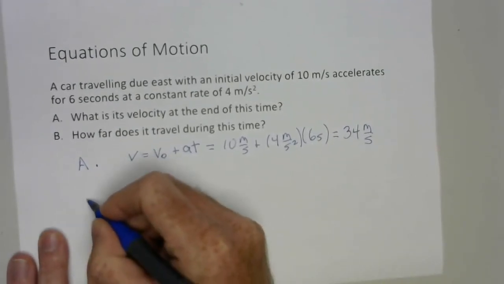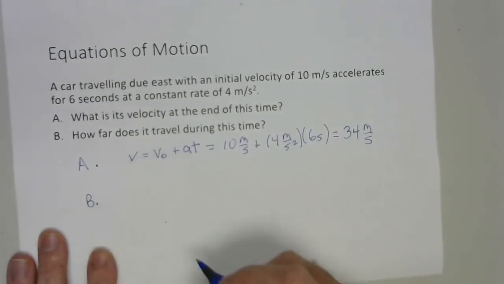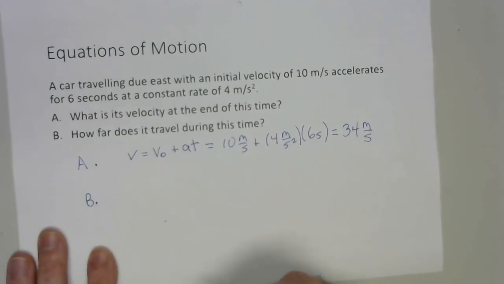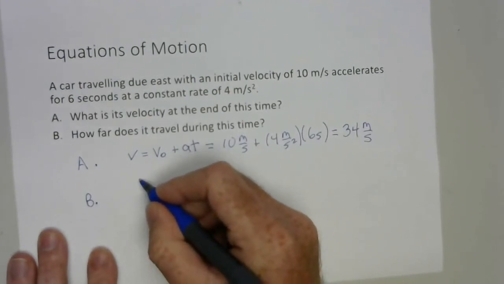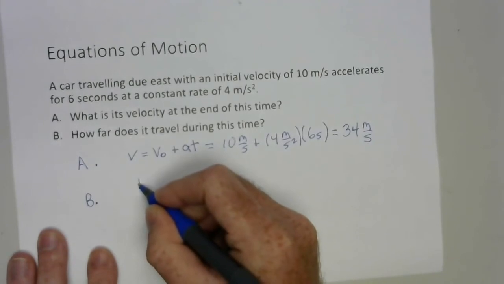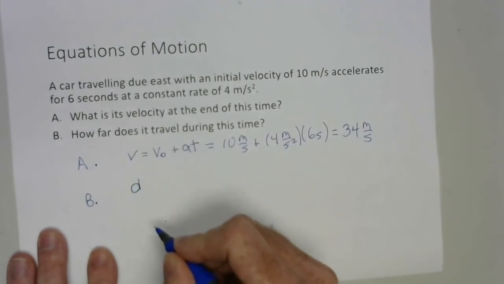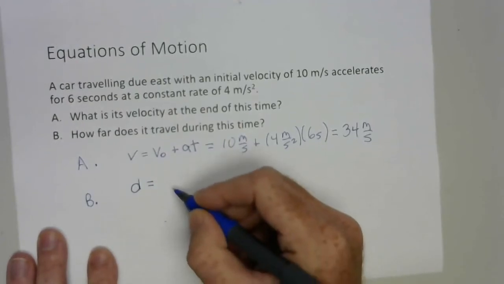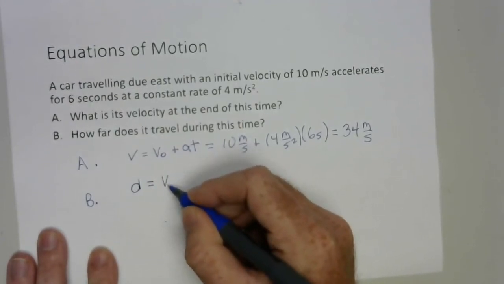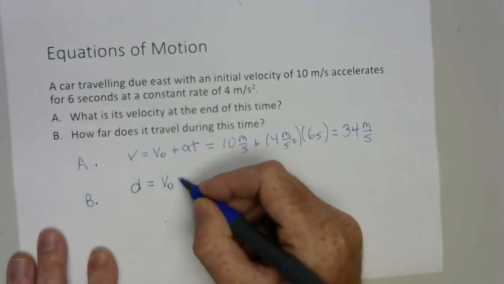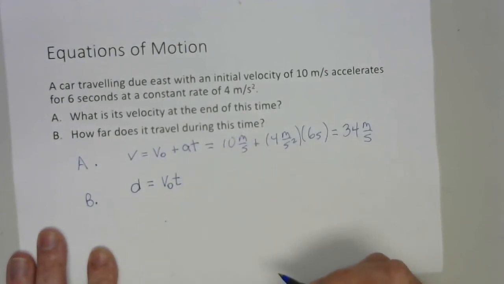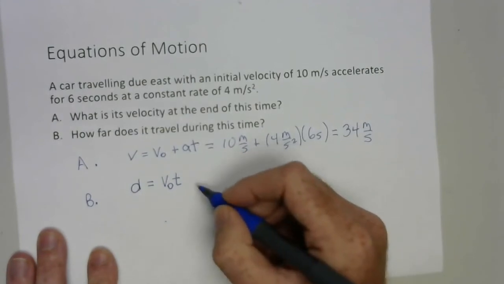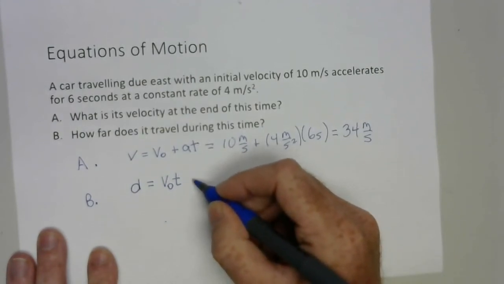Now for B, we want to know how far it travels. That's our other equation of motion. So the distance it travels, d, is going to equal v0 times t. So velocity times time will give us distance based on the initial velocity, but we need to adjust that for the acceleration.